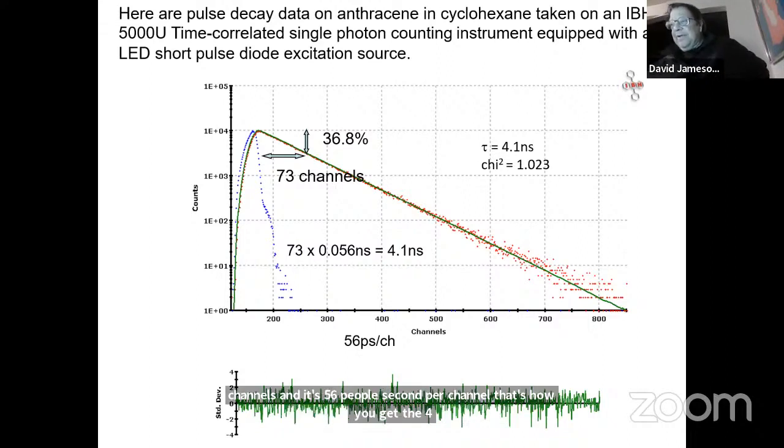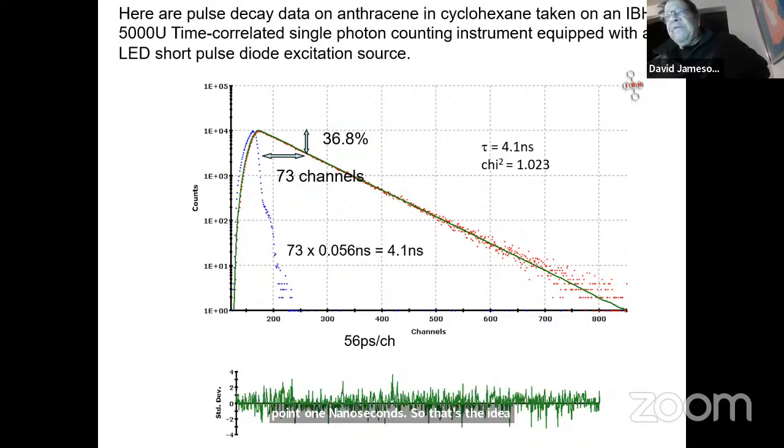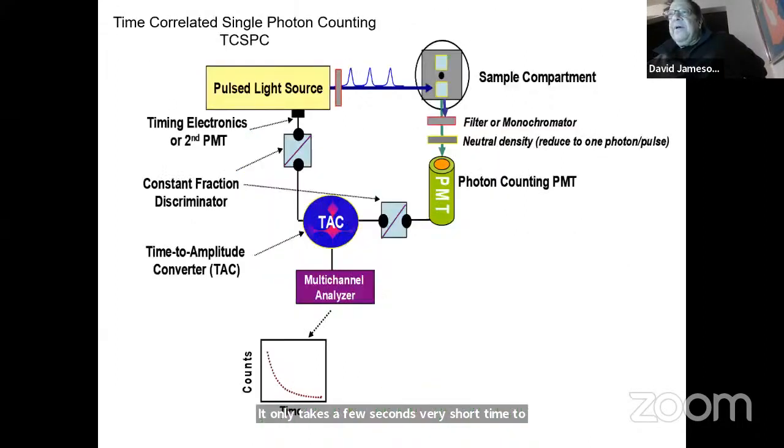So that's the idea. Of course, you can collect fewer counts or more counts, but this is typically what one does. And with modern light sources, which have repetition rates of megahertz, it only takes a few seconds, a very short time, to collect sufficient data. Okay, what does the instrumentation look like?